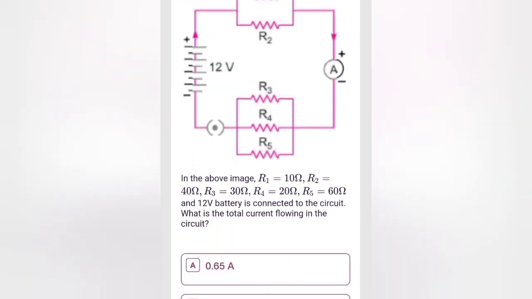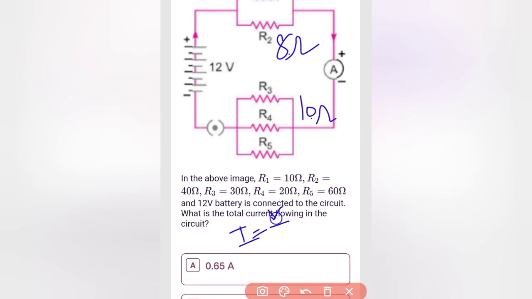In the above circuit, find the total current. So just now we have found out the total resistance. This is 10 and this is 8, total 18. And total current is going to be I is equal to V by R, where V is 12 and R is 18.